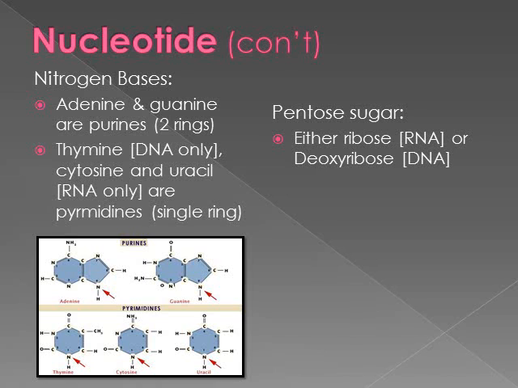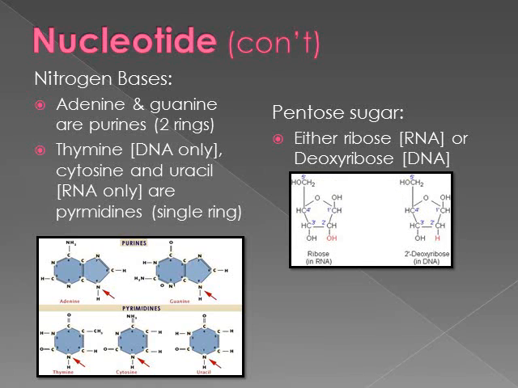And deoxy, we recall, means that there is 1 less oxygen. And in the graphic here, we can see at carbon number 2, in deoxyribose on the right-hand side, we have 1 less oxygen at carbon number 2 than we have in ribose sugar on the left-hand side.